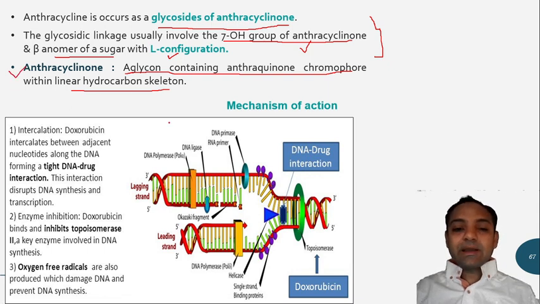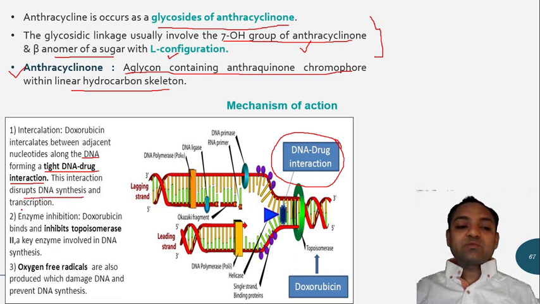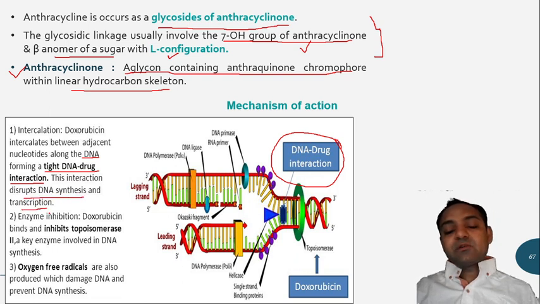Now if you look at the mechanism of action, generally these kinds of antibiotics act by three different mechanisms. First, doxorubicin intercalates between adjacent nucleotides along the DNA, forming a tight DNA-drug interaction. When this tight DNA-drug interaction occurs, it disturbs DNA synthesis as well as transcription. The second mechanism is enzyme inhibition.